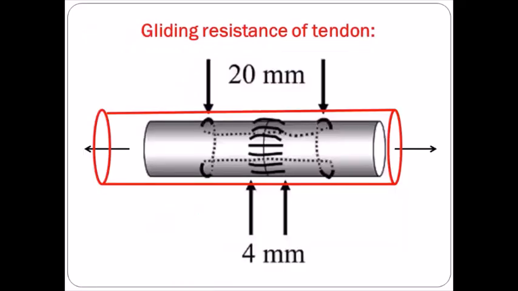Now, this is another concept to understand. As I told in the beginning, some surgeons prefer to go for both epitendinous suture as well as the core suture. So here both epitendinous and core suture are done. In that situation, there is a chance of encroachment inside the tunnel of this tendon, so it is going to affect your gliding.